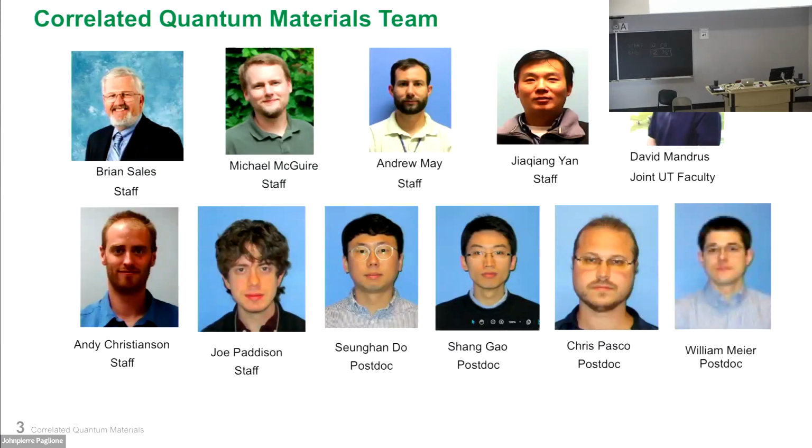So this is the current group at Oak Ridge. There's myself, there's 5 staff members, plus David Vandris will be talking a little later this week on vapor transport growth of 2D materials. We have a couple of neutron guys, Andrew Christensen and Joe Pattison, and 4 postdocs at this point in time.